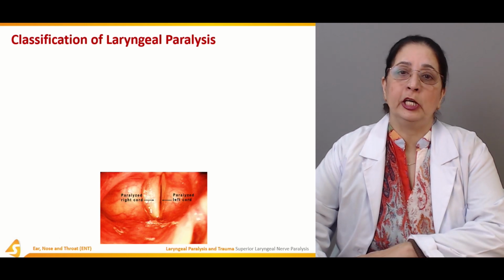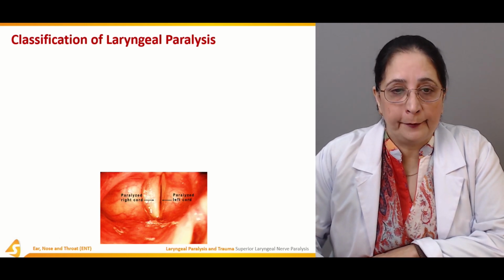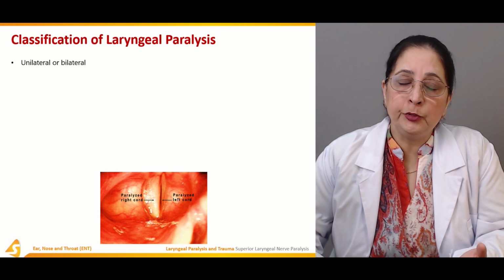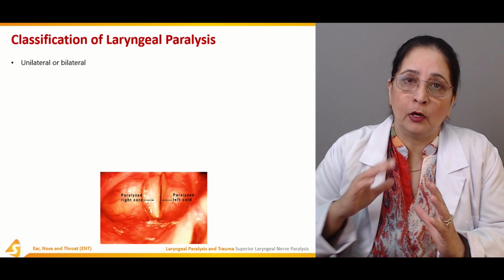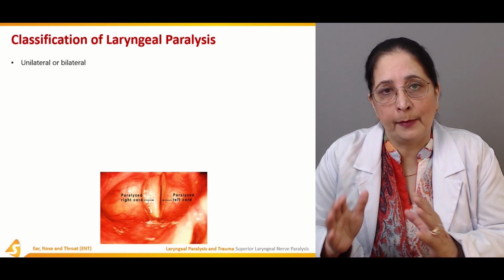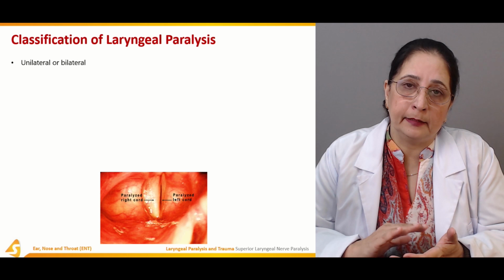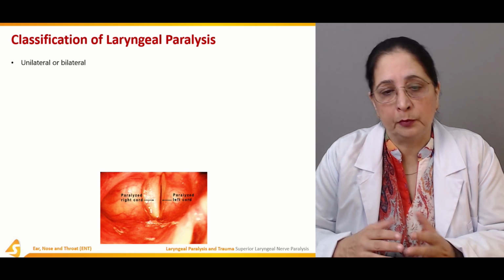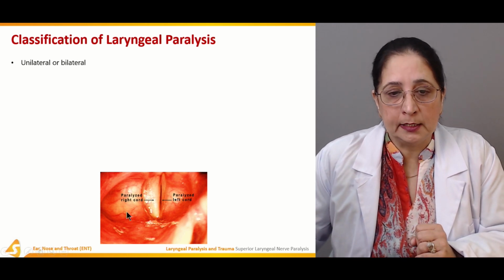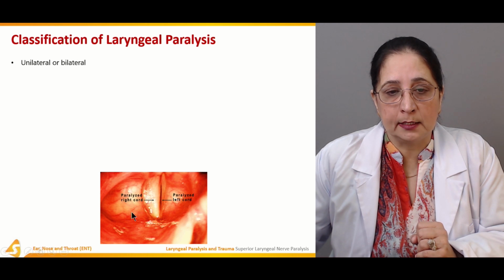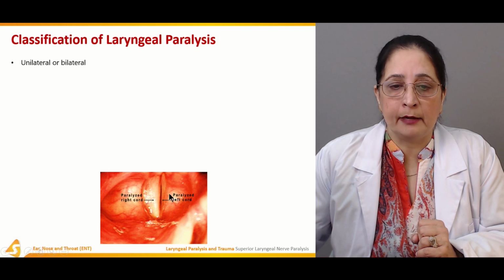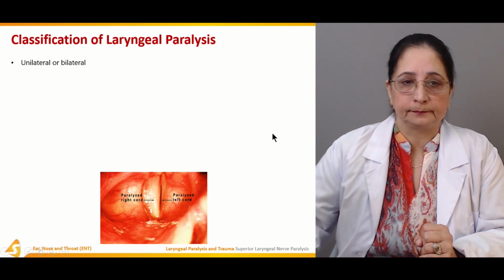Now the classification of laryngeal paralysis. It can be unilateral or bilateral. We already saw they are on both sides. If one side is affected, then it is unilateral. If both, bilateral. Here you can see the paralyzed right vocal cord and the paralyzed left vocal cord.